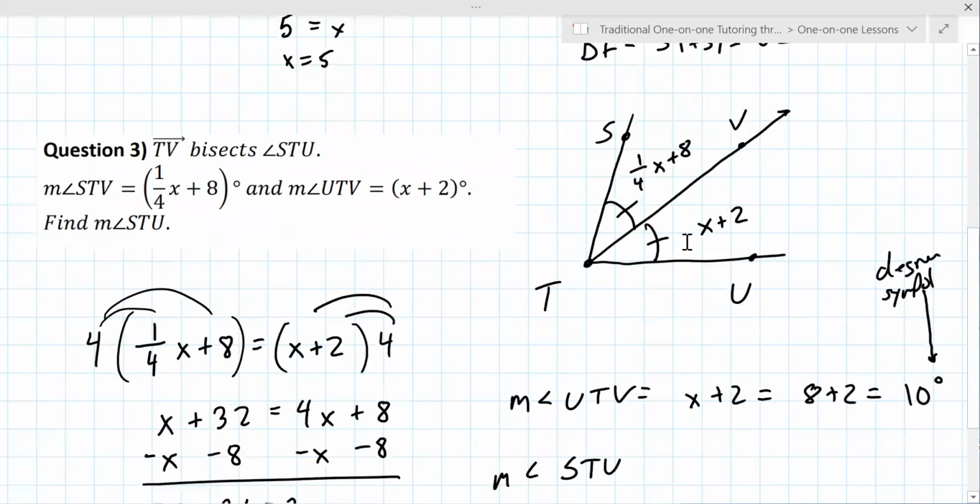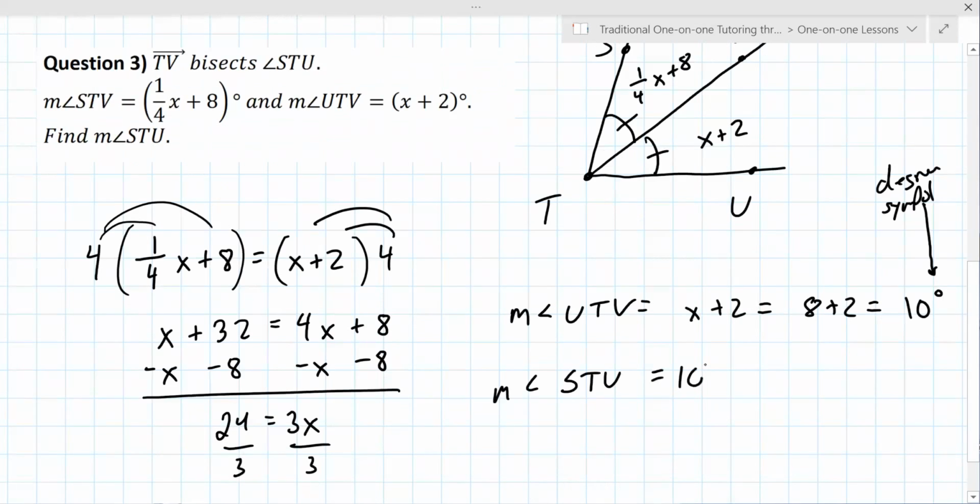Like, you can put it in, but you get the same value. So sorry, I gave you the wrong one, STV. I guess that doesn't look like V. So what they want is STU. That's 10 plus 10 because it's the angle of both.